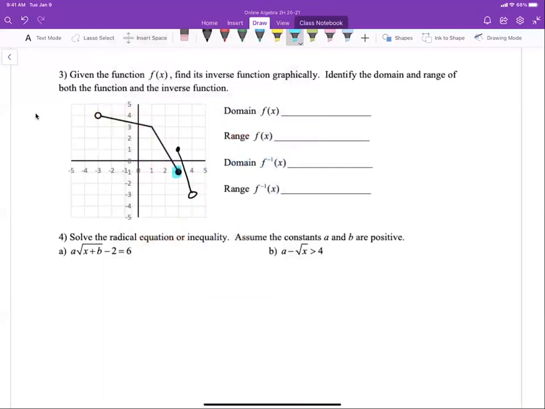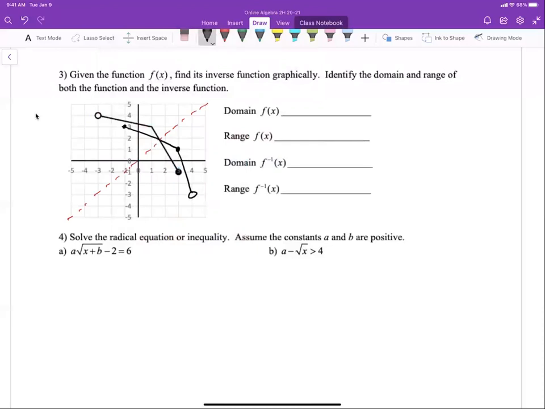This point right here is at (3, -1). So I need to go to (-1, 3). I'll be right there, and I'll connect that line point. And hopefully you can see that that is a reflection in the y equals x line.